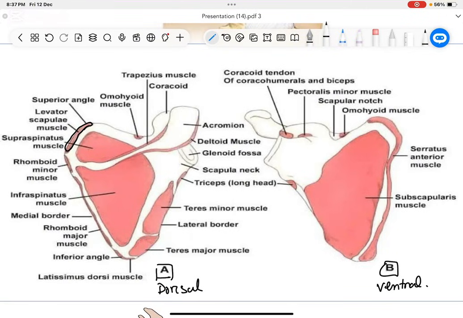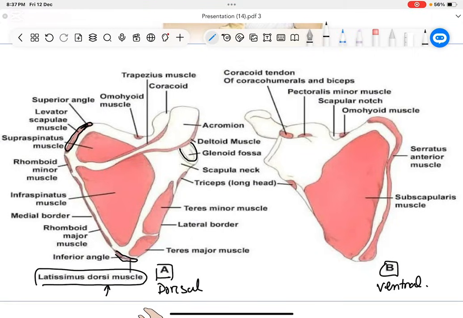Then the inferior angle is also related with a muscle called the latissimus dorsi. And already we know the lateral angle contains the glenoid cavity. So the three angles have three importances: at the inferior angle there will be the origin of latissimus dorsi, and at the superior angle there will be the levator scapulae.